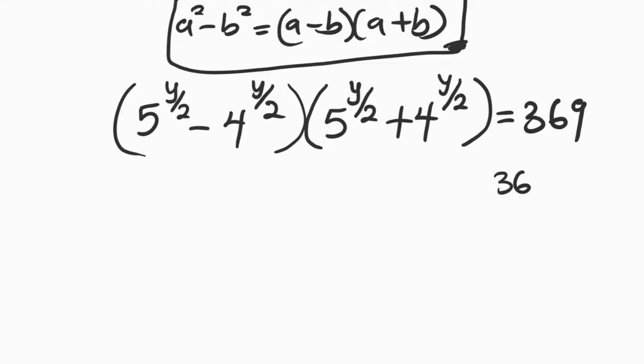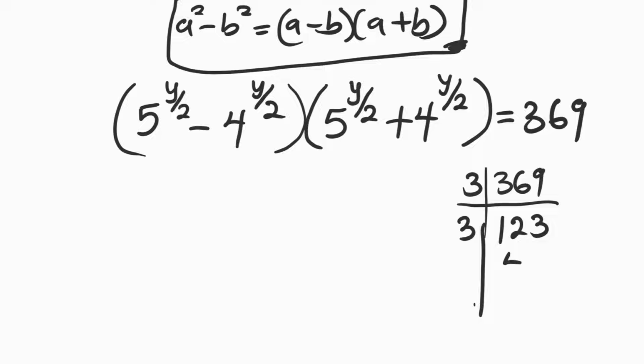So let's try to divide 369 through. 3 can go through 369, and we have 123. 3 can go through again, and we have 41, and nothing else can go through apart from 41. So we have 41 and 9. Perfect.